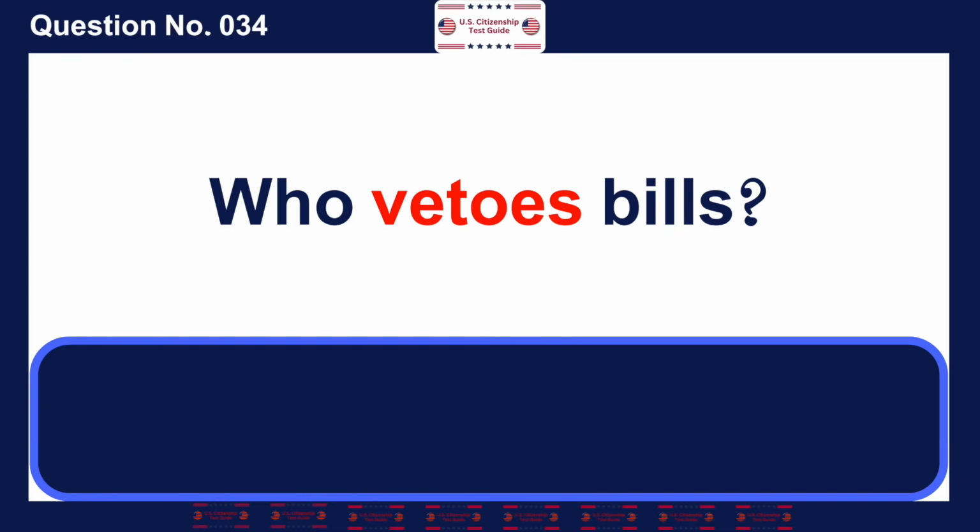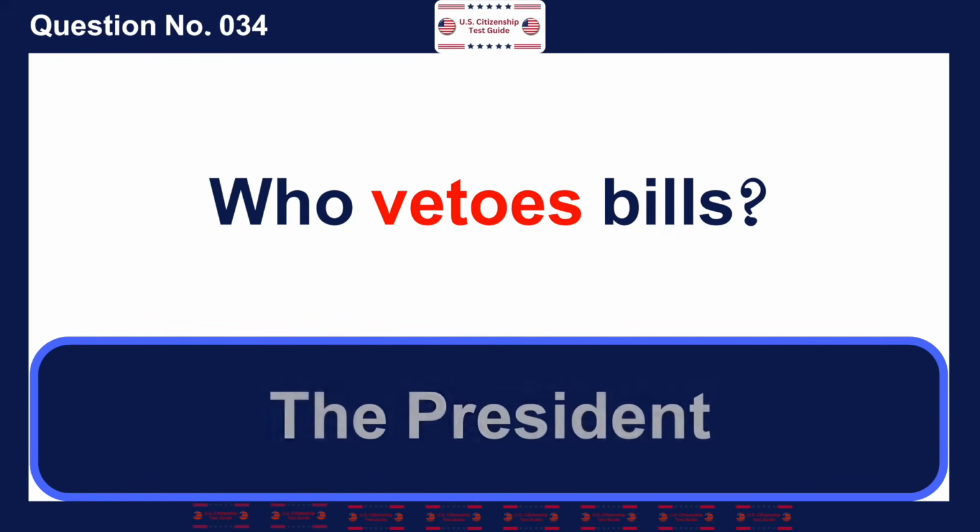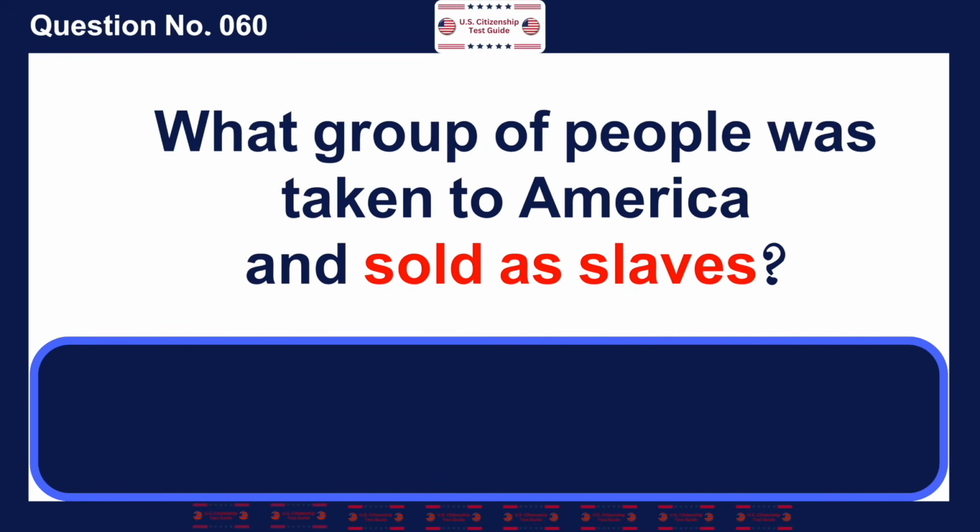Who vetoes bills? The President. What group of people was taken to America and sold as slaves? Africans.